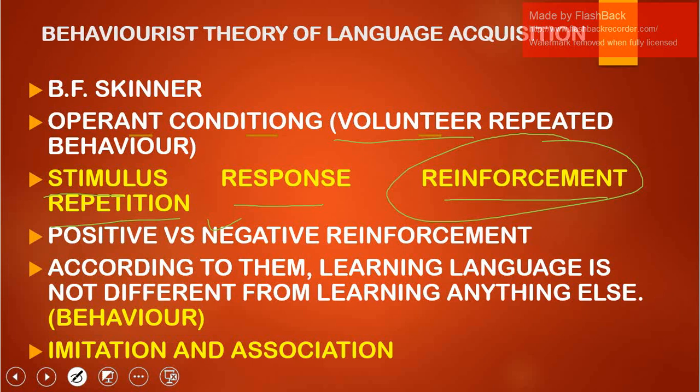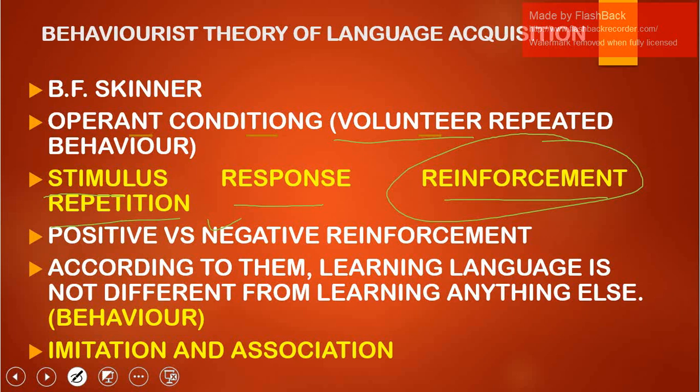For example, a baby is given a biscuit and you always say, baby, this is a biscuit. The baby will associate the word biscuit with the actual biscuit, right? This is the association, and now he or she will repeat the word, imitate the word after her or his parents.